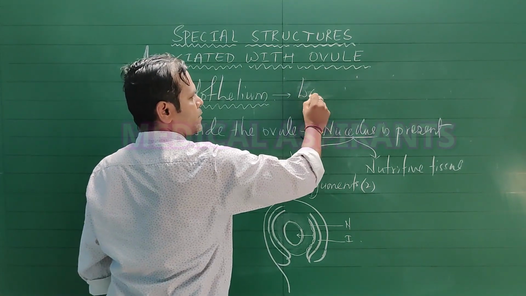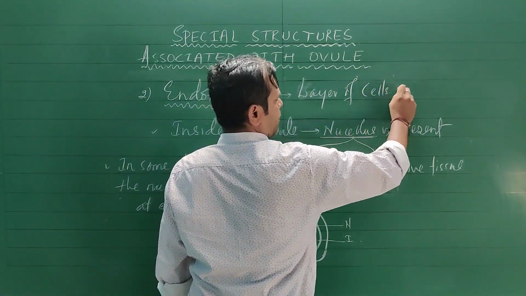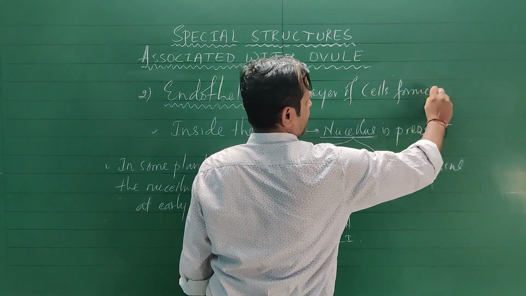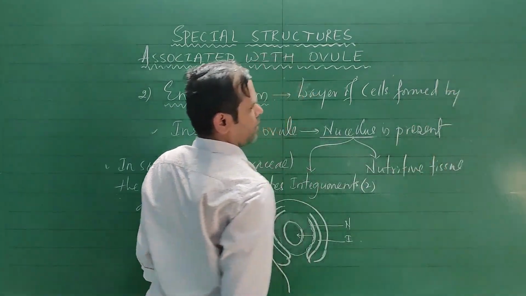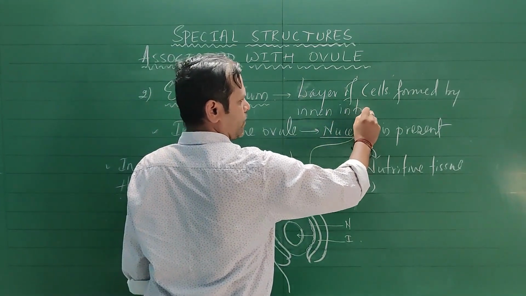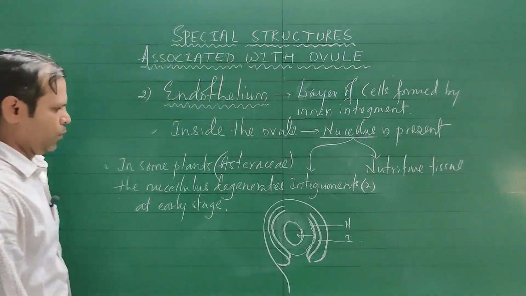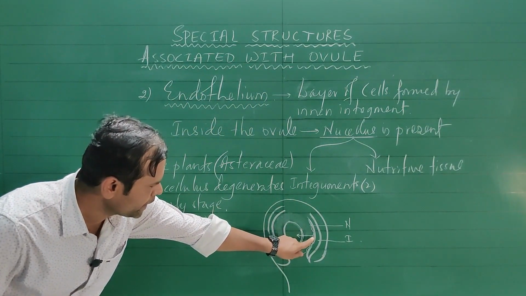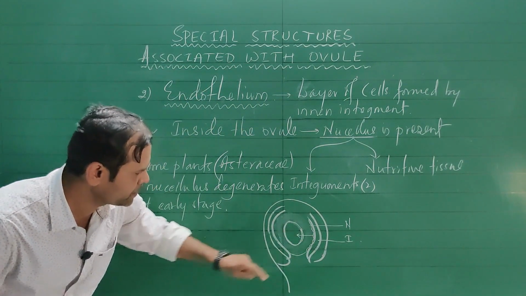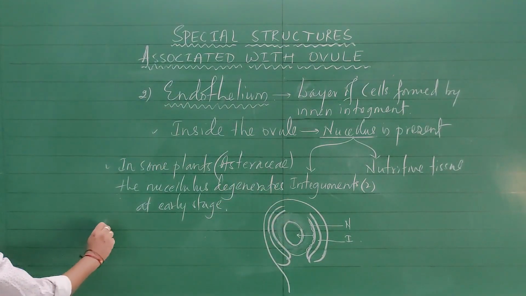Layer of cells formed by inner integument. Now, this inner integument layer of cells provides nutrition to embryo sac.